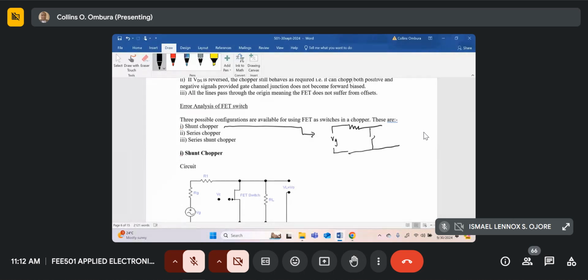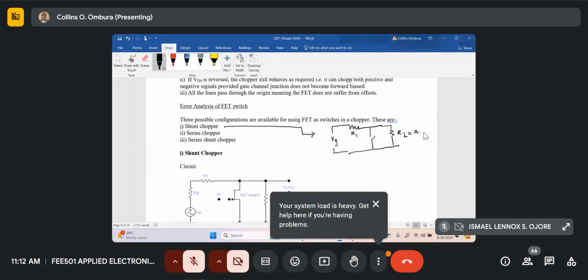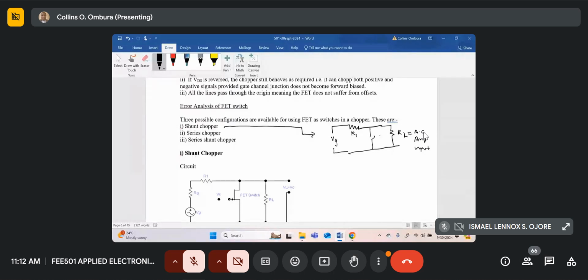In shunt, we shall see them in detail when we start analyzing, and this is your load resistance, which is normally the input to the AC amplifier. So this is your switch, which is your FET. That is called a shunt chopper.